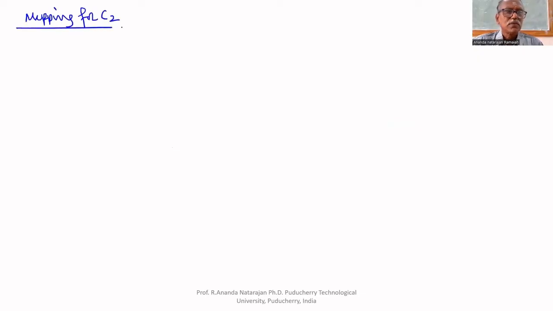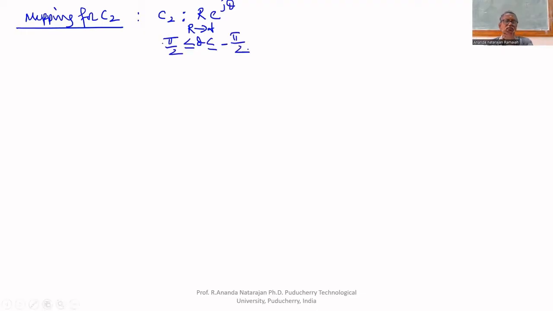C2 can be mathematically defined as R tends to infinity, e power j theta, and theta lies in between pi by 2 and minus pi by 2. This is the definition for C2. This we have to substitute in g of j omega.